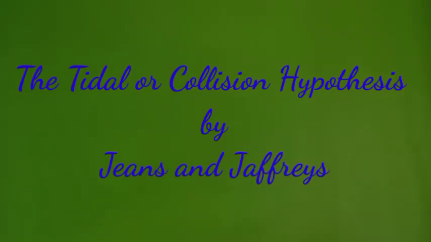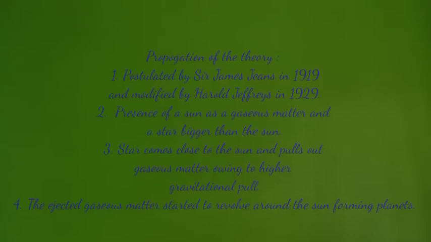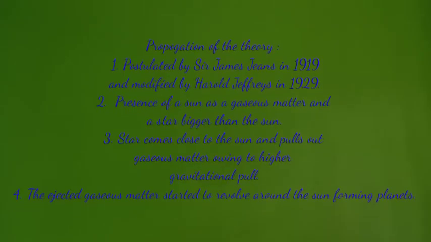The fourth theory to be discussed today is the tidal or collision hypothesis of Jeans and Jeffreys. This theory was propounded by Sir James Jeans in 1919. But a slight modification of the same theory was provided by Harold Jeffreys in 1929.